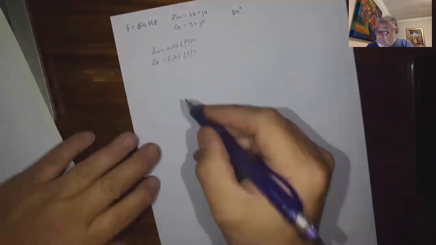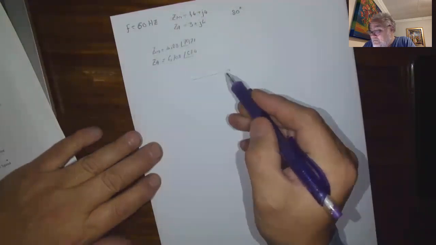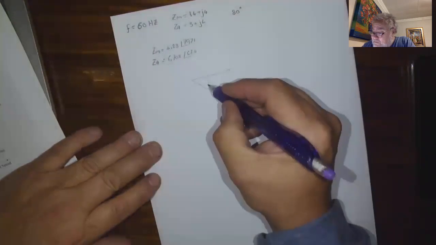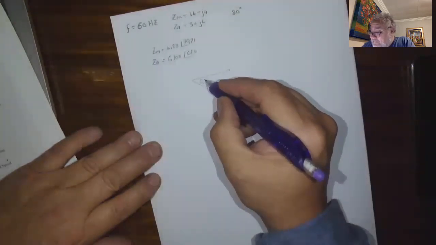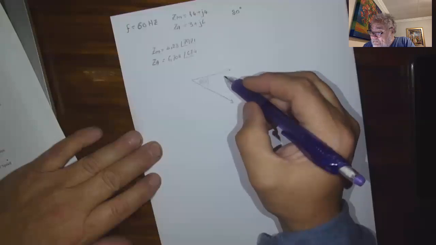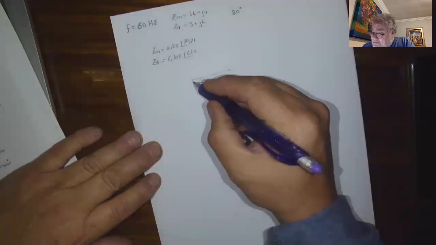Right, so there we have it. Voltage, auxiliary 63.4, and the main is 70.